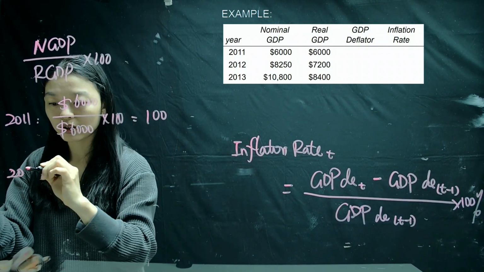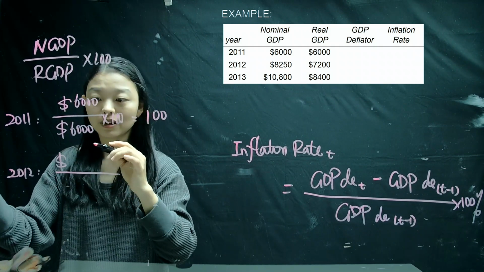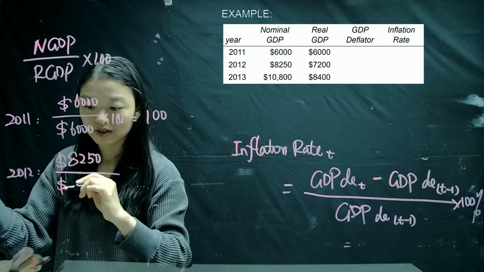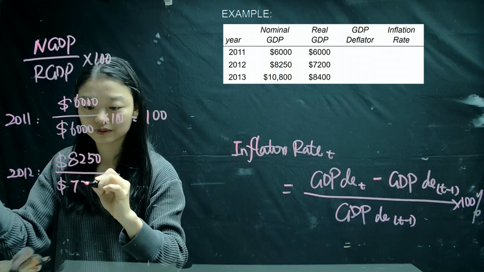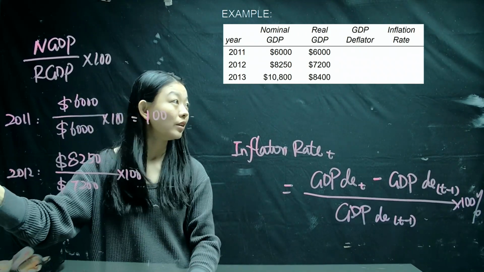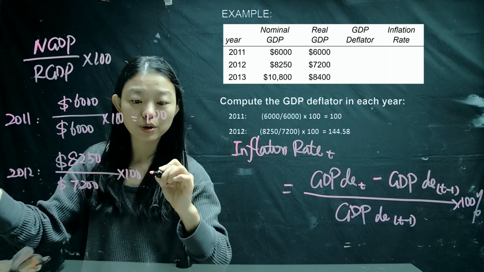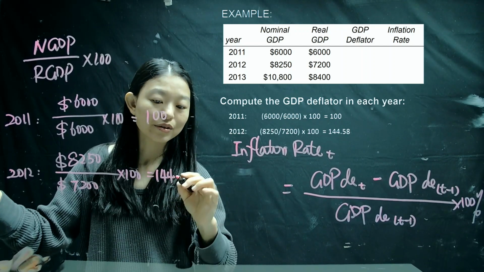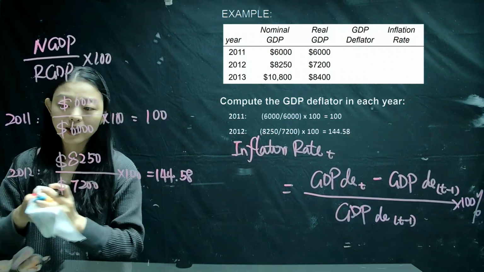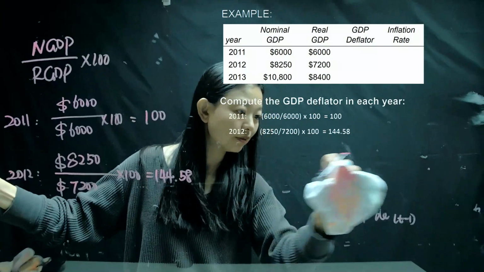And then in 2012, we use nominal GDP 8,250 divided by real GDP times 100, to get the GDP deflator, which will equal 144.58.